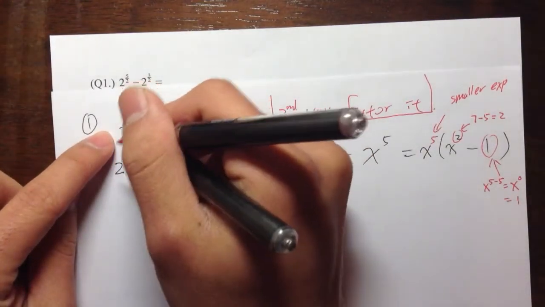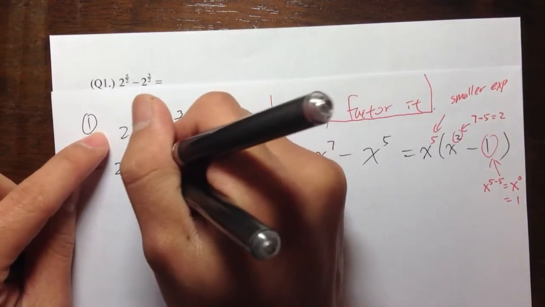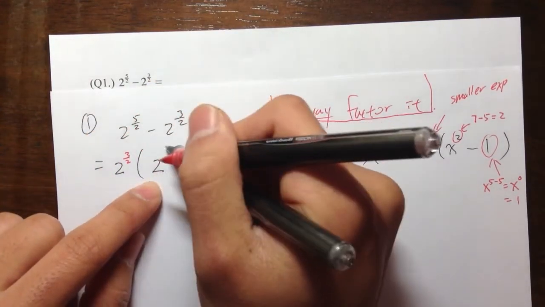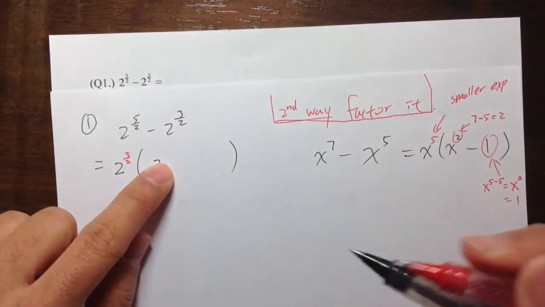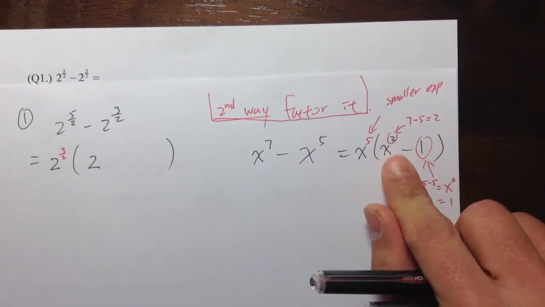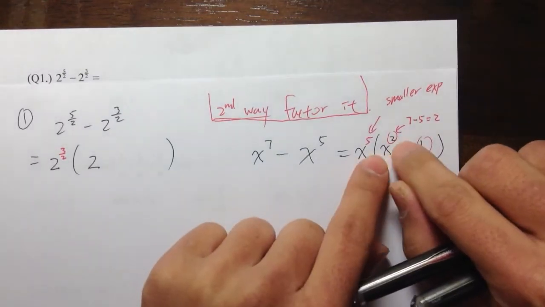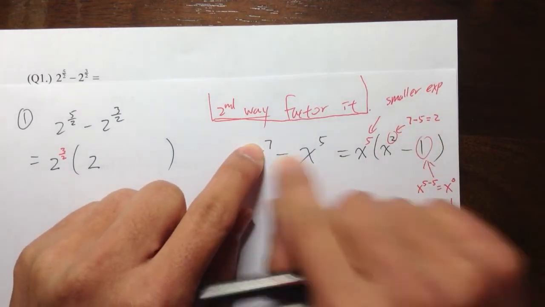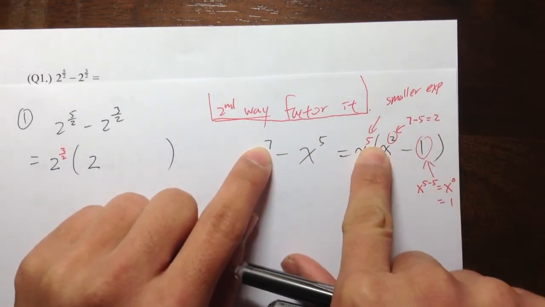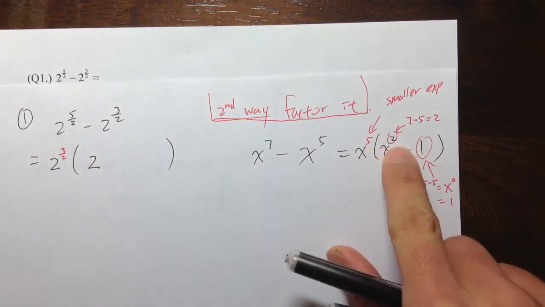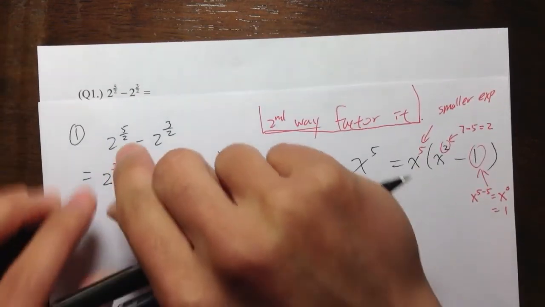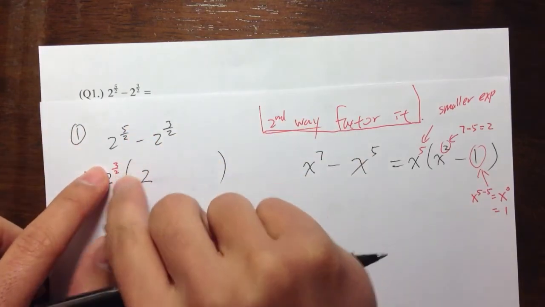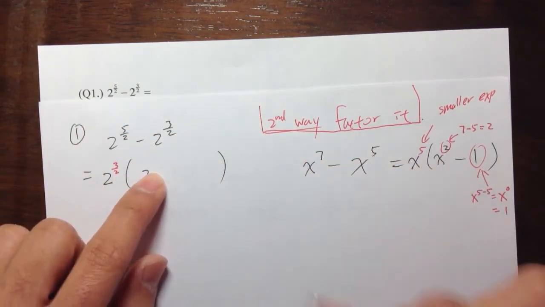Originally I have 2 to the 5 over 2, right? So I will write down the 2, but what exponent am I going to put right here? How did we do this question earlier? We got 2 because originally we have the 7 minus the one that we took out, minus 5. So 7 minus 5, we get 2. We will do the same.